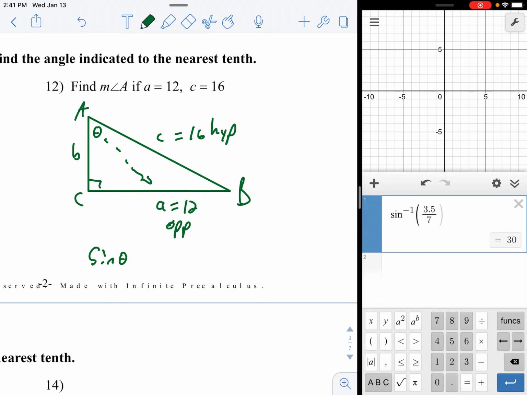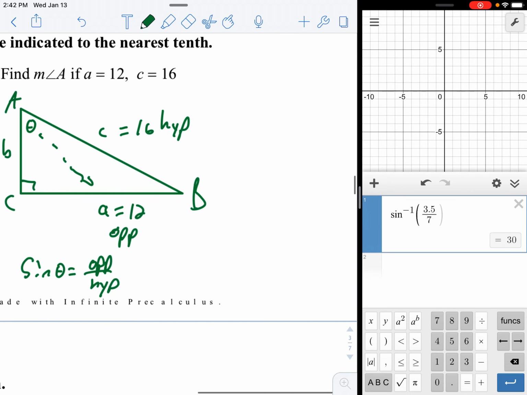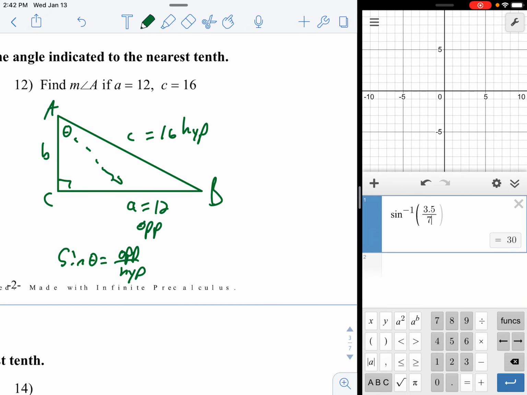So sine of theta equals opposite over hypotenuse. That's the formula. Not that you need to do that step, but you can always jot it down if it helps. So sine of theta equals opposite, which is 12, over hypotenuse, which is 16. And for once, I remembered to leave a space. What's the space for? That's so you can write inverse sine on both sides.